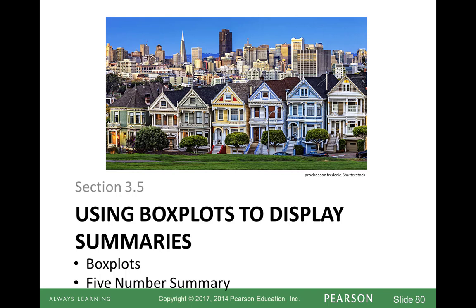First thing I want to talk about with this picture is this is San Francisco. There's the Transamerica building way back there. This picture was taken standing in Alamo Square Park, and these houses are called the Painted Ladies or the Seven Sisters.